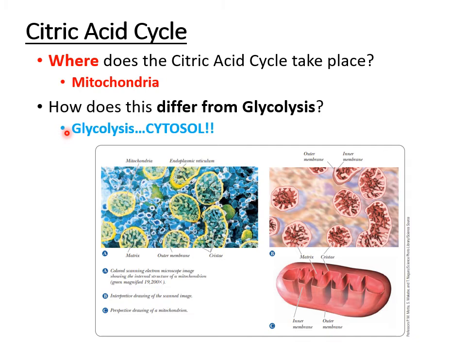That's why in intro level bio, when we go through cellular respiration, we always show glycolysis separate on its own, because it's out in the cytosol and it's anaerobic, whereas the prep cycle, the citric acid cycle, and electron transport all occur within the mitochondria and are aerobic.